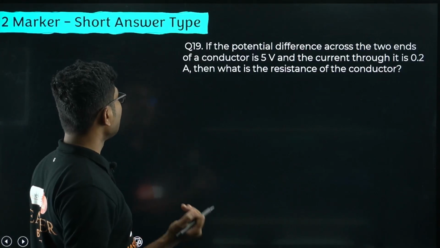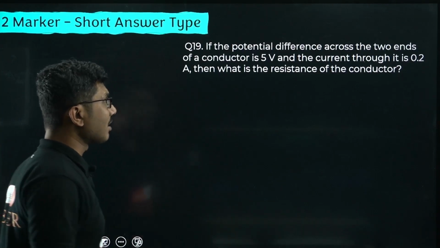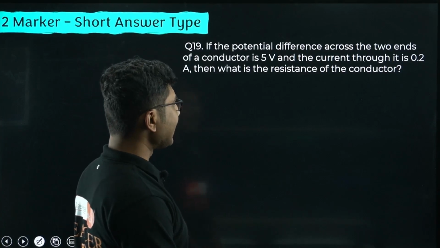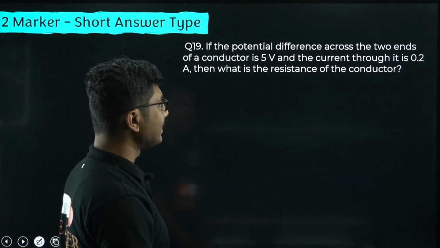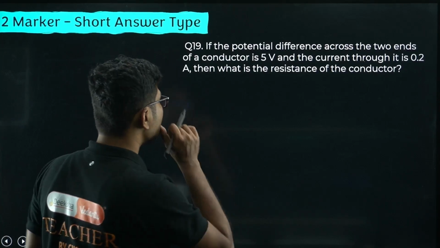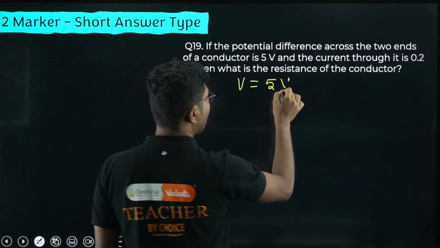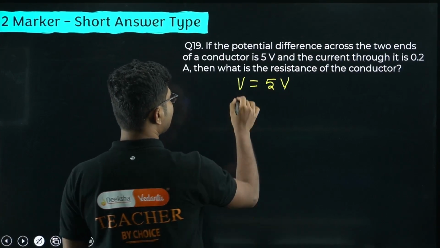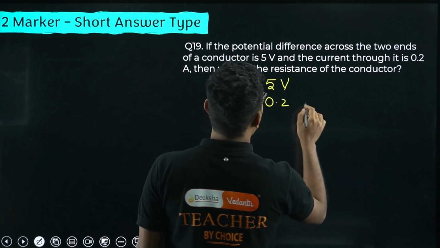Now let's move on to the short answer type questions. If the potential difference across two ends of a conductor is 5 volt and the current through it is 0.2 ampere, then what is the resistance of the conductor? So voltage is given as 5 volts and current is 0.2 ampere.